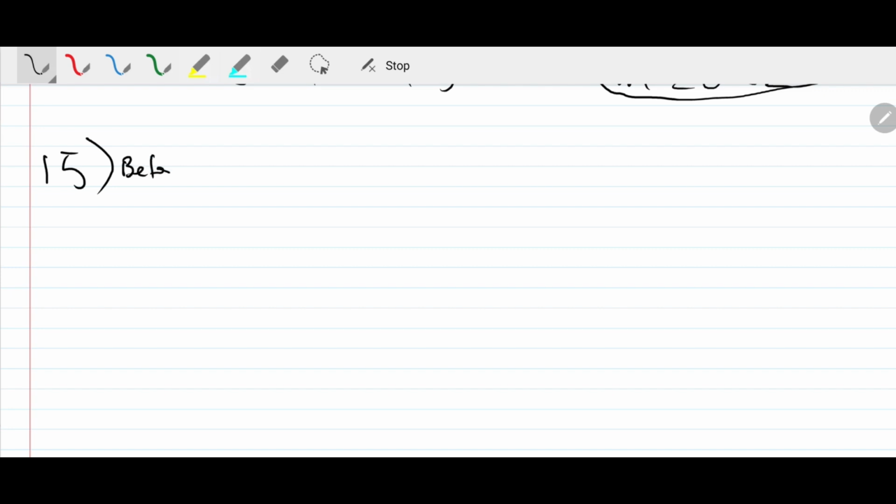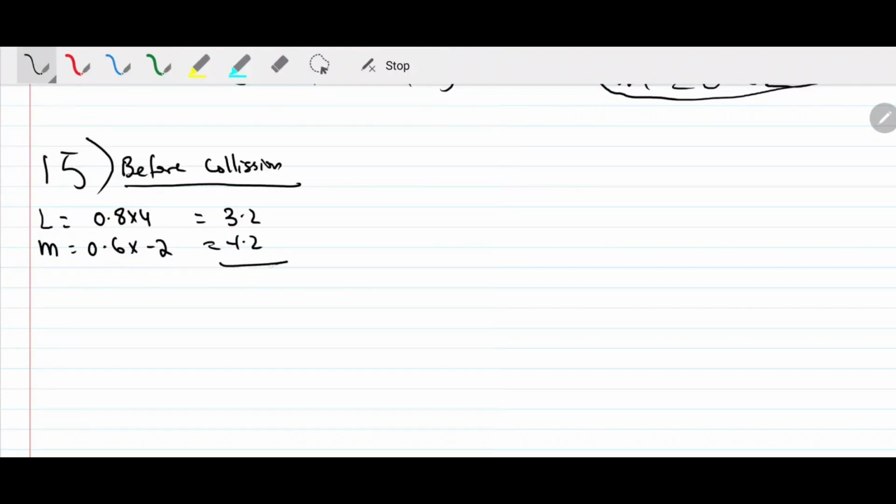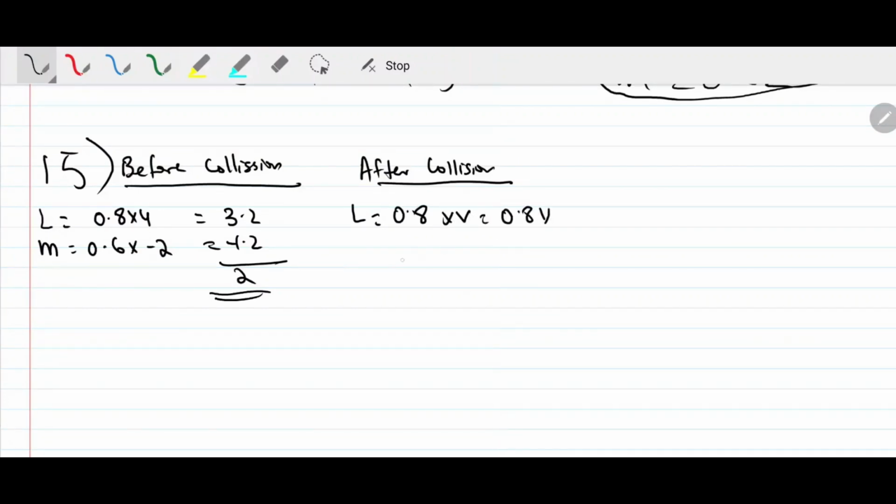So before collision, L has a momentum of 0.8 into 4, M has a momentum of 0.6 into minus 2, 3.2 minus 1.2, the result is 2. And after collision, L is 0.8. The speed of L is unknown, so 0.8v.